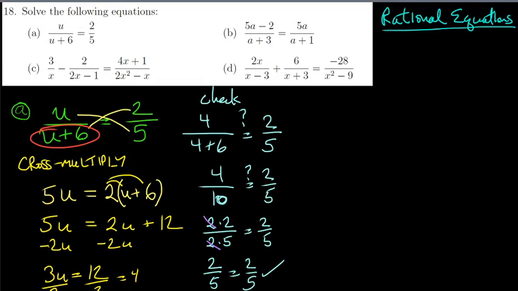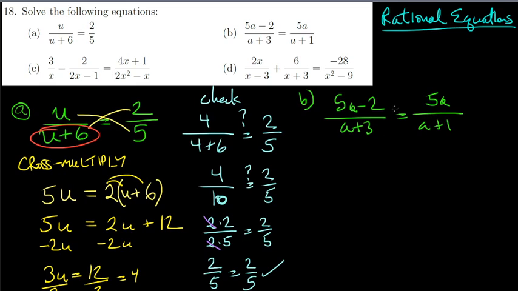Okay, so part B is done really the same way. So I think I'm going to skip part B. Oh, you know what? Let's not. It's a little bit harder, but not much. The point is, you can still cross multiply, right? 5a minus 2 over a plus 3 is equal to 5a over a plus 1.